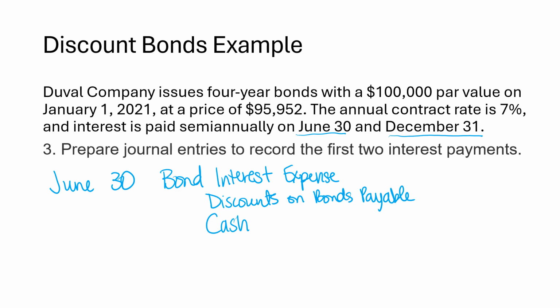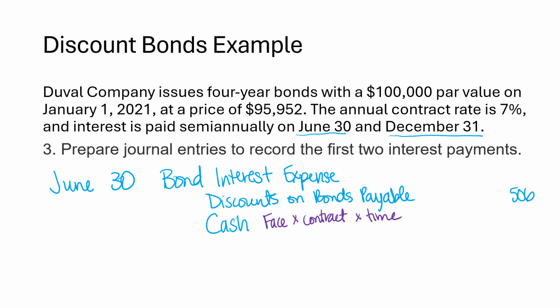So what we know here is that, as we calculated in the previous example, $506 is amortized in each one of these payments. So we know we're going to have a $506 credit to the discount on bonds payable account. The cash that is actually paid to the bondholder is calculated based on the face value or the par value times the contract rate times the amount of time.